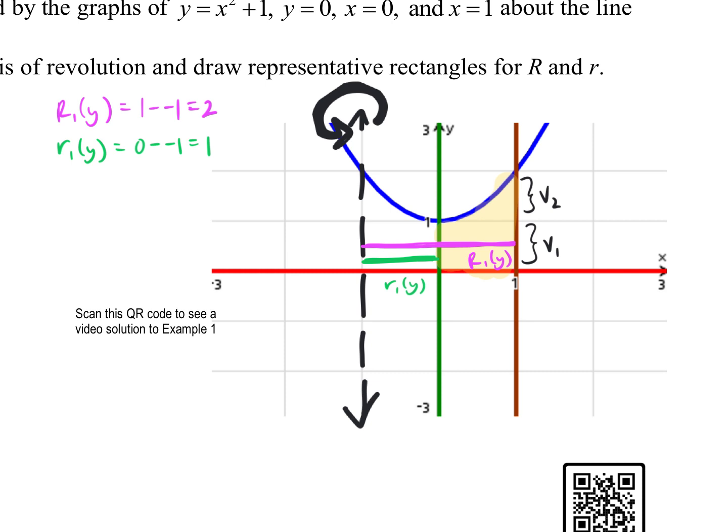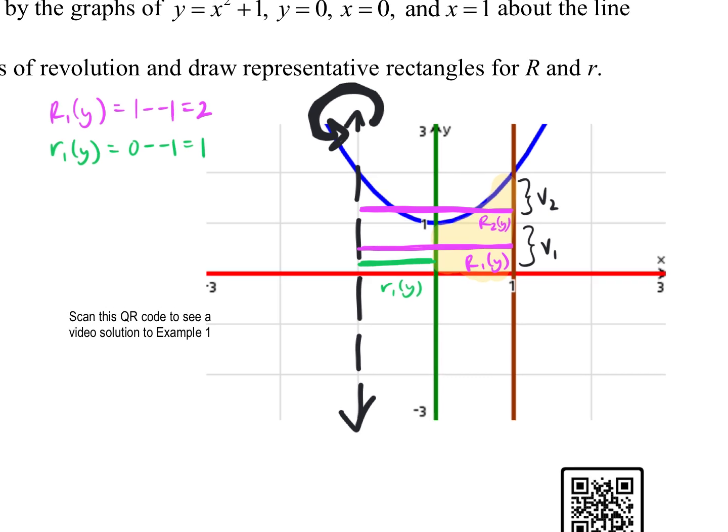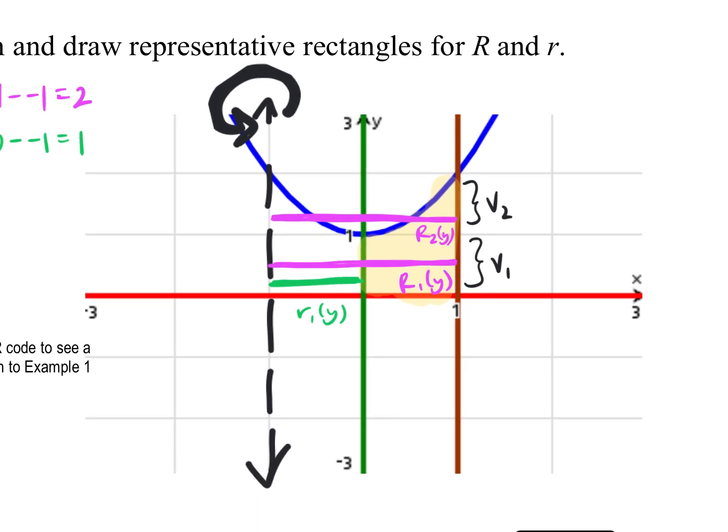So now, if I drew my big R2 in there, is that going to be different than my big R1? Is it different? No. No, the big R2 stays the same. It's the little r that's going to change, or that space that we're cutting out, okay?